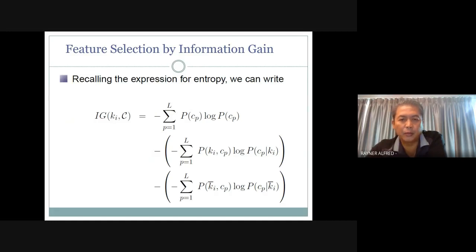This is the formula that we use. We have gone through this, right? This is log 2.